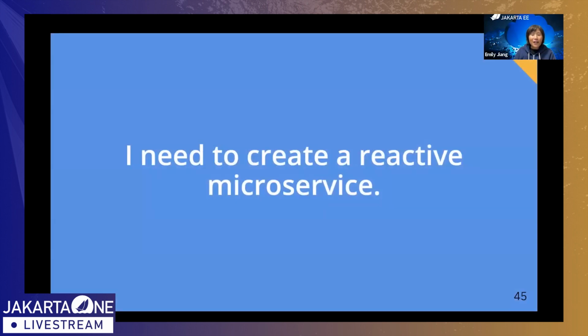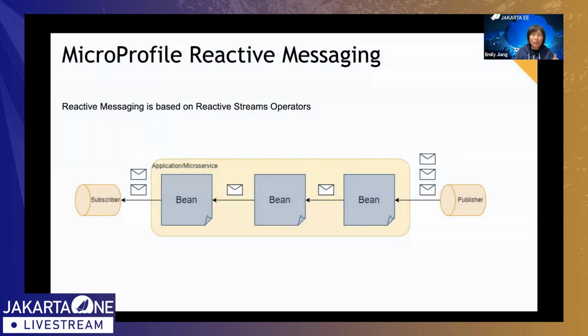And then you might think, okay, you have told me all about these RESTful services, but actually I'm really into the reactive programming model. Hang on a minute, MicroProfile also provides the programming model for reactive architecture.